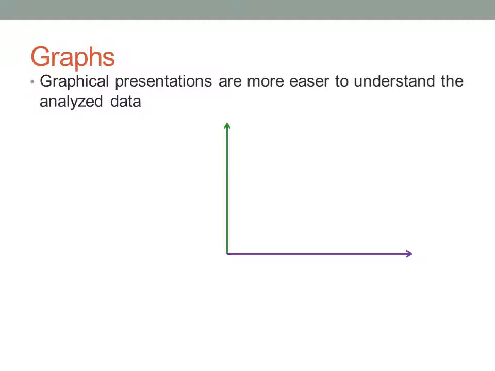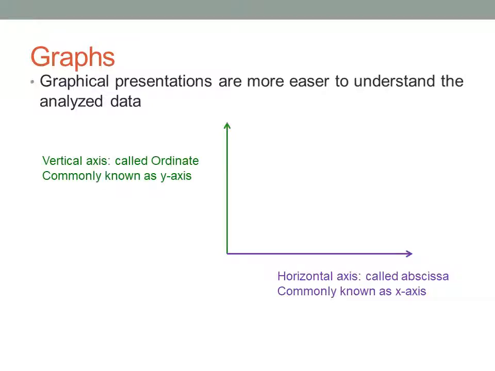Now the second method of representing data is graphs. Graphical representation is easier to understand. With the analyzed data you can easily see the patterns, and you can easily abstract what the researcher, investigator or writer is telling. In a graph you have a horizontal axis, which is called the abscissa, commonly known as the x-axis.